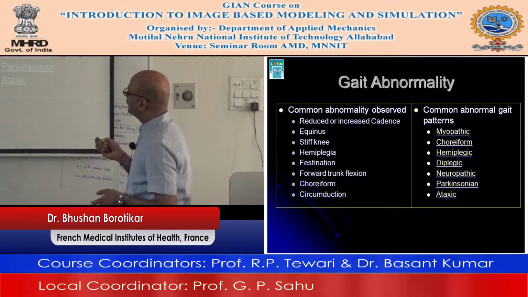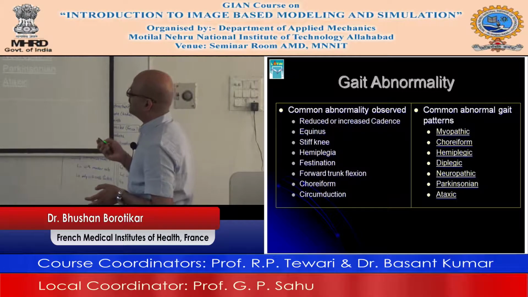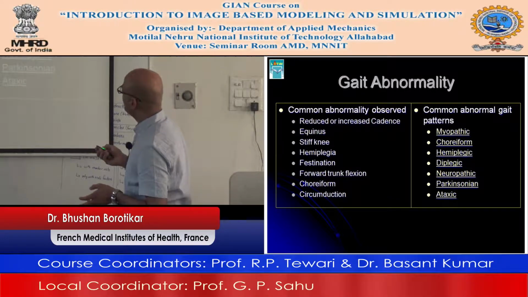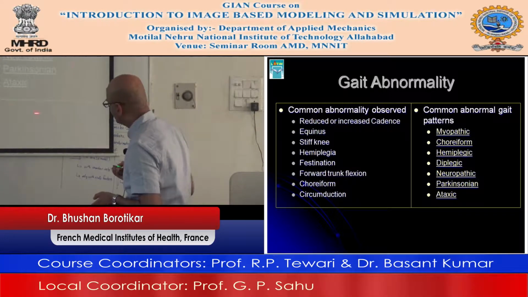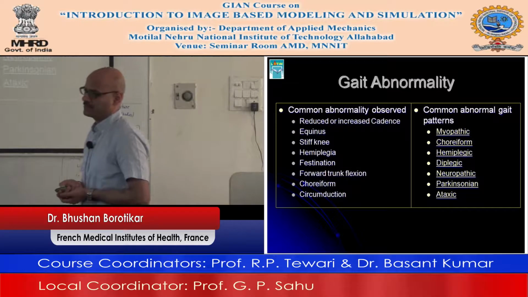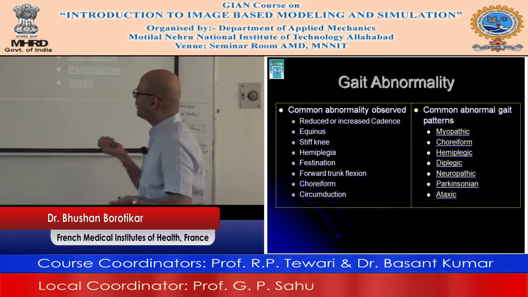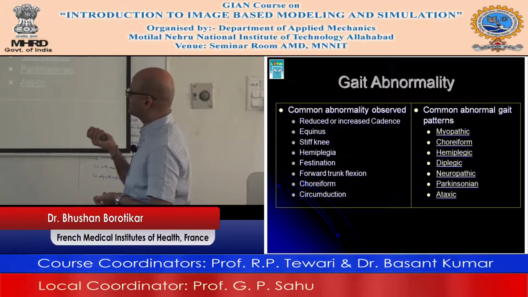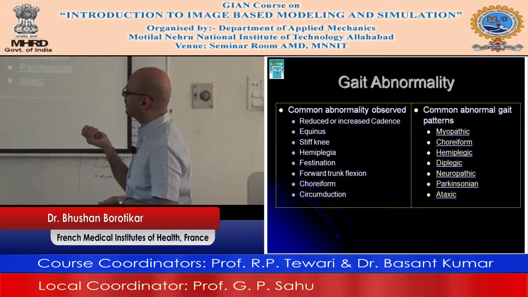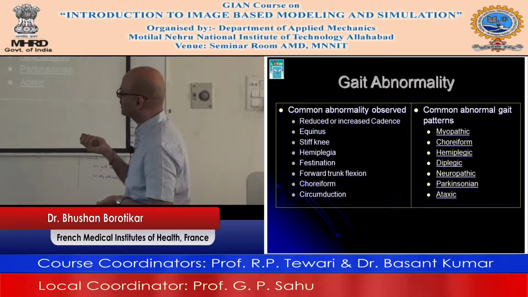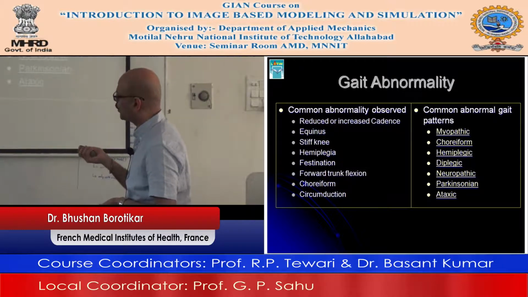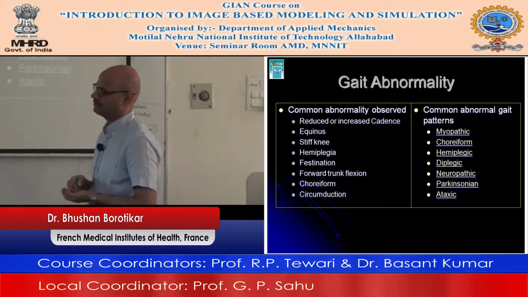Now, there are gait abnormalities which are common and which are defined patterns in the clinical world. We have some common abnormalities: reduced or increased cadence, equinus gait, stiff knee, hemiplegia, festination, forward trunk flexion, choreoform, circumduction.